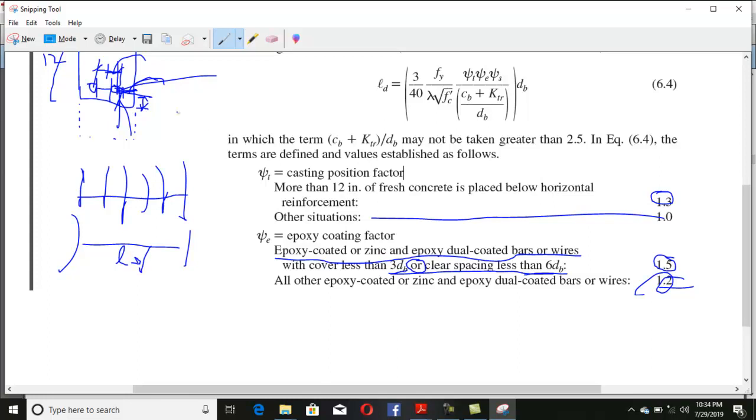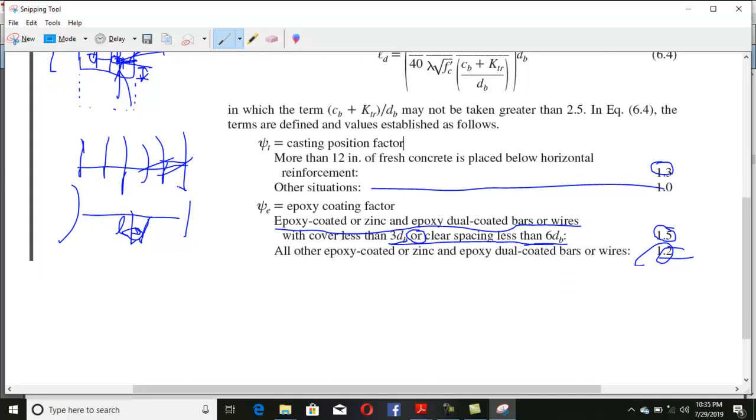Along this length LD, the stirrups placed over here must have spacing that fulfills the shear criteria, which is used for stirrups. What are those criteria? You know about those criteria, and you can see them in your shear design. So this spacing must lie within those criteria.